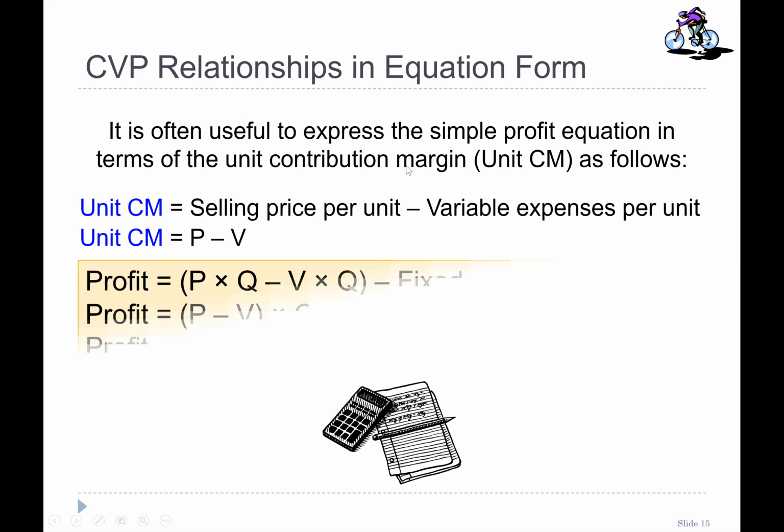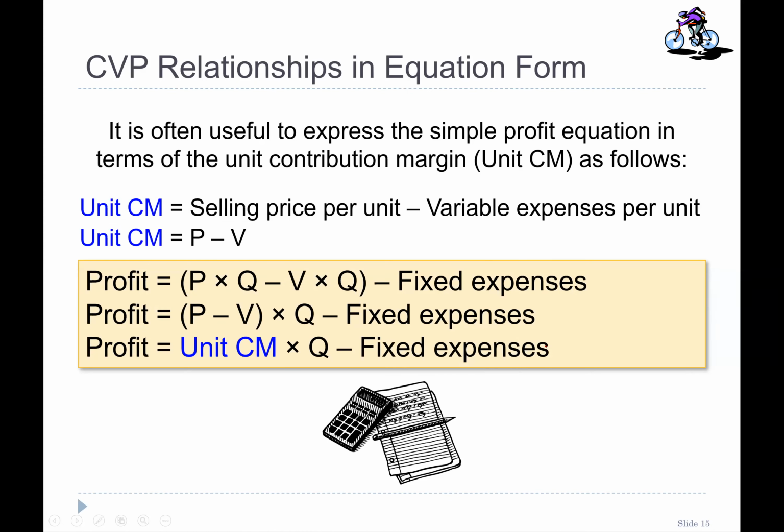And if we put the CM name over there, because the formula is sale price minus variable cost, it would be like this. So in equation form, profit is equal to CM per unit multiplied by the quantity minus fixed cost, right?